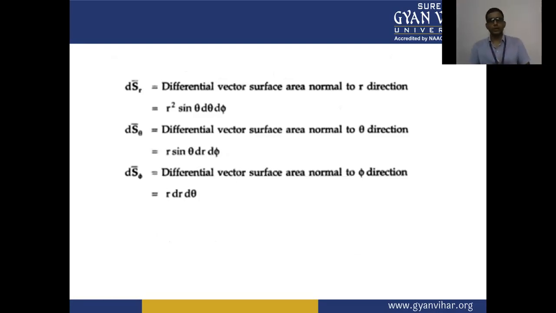Now we have the differential vector surface area normal to the r direction, that is dS_r.